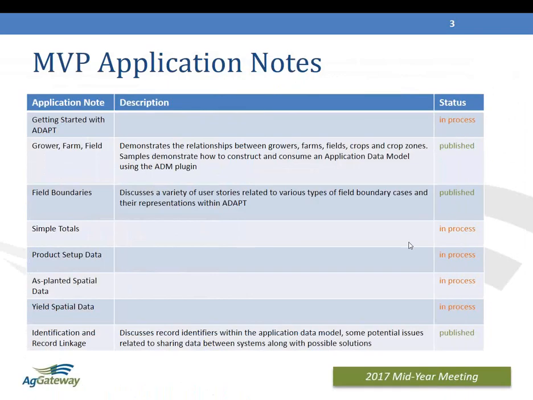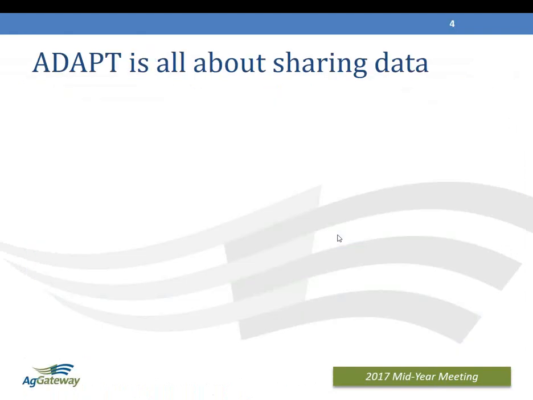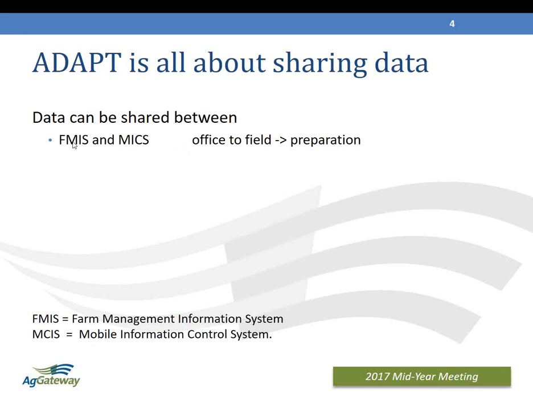So those are the application data notes. And the one thing that you'll quickly notice when you begin to go over these various application notes is that ADAPT is all about sharing data. Data can be shared between usually one FMIS and another MICS.